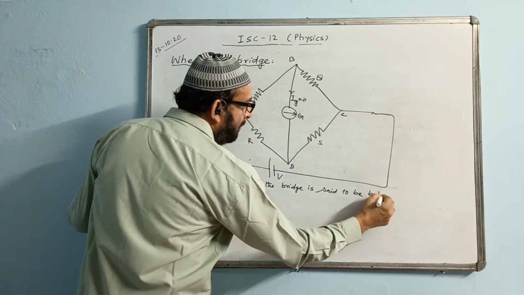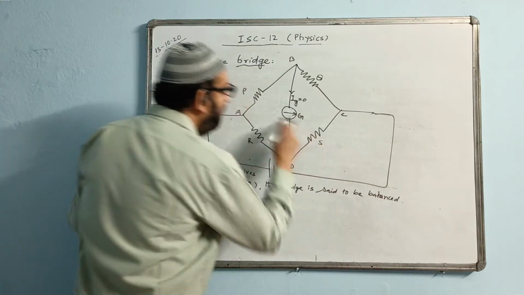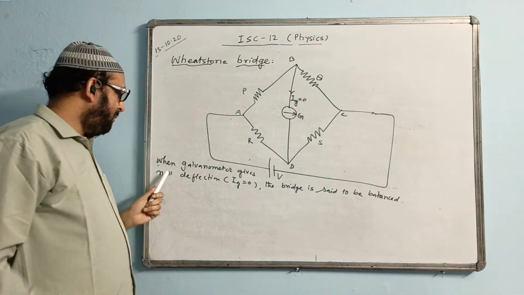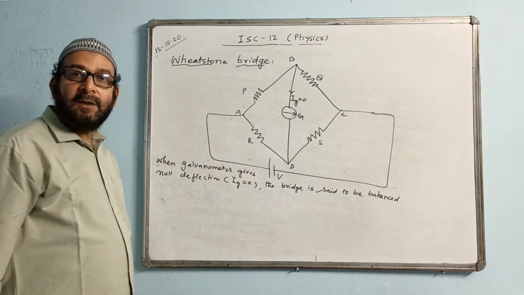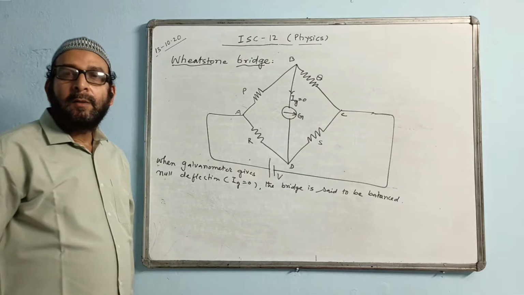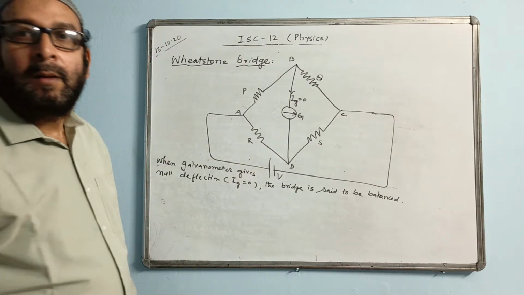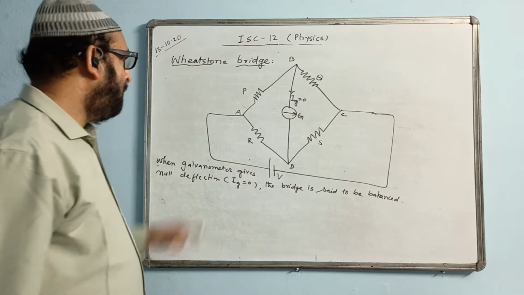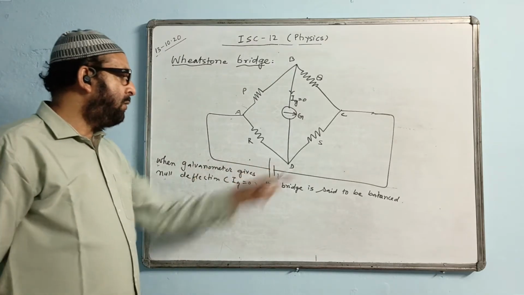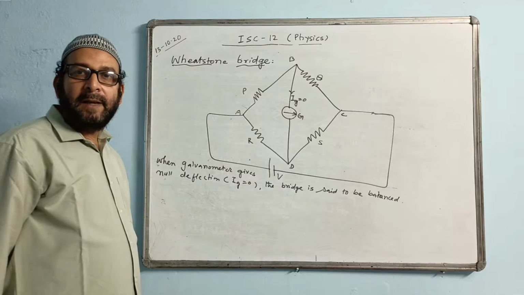You have to write this. When the galvanometer gives null deflection, that is when Ig equal to 0, the bridge is said to be balanced.